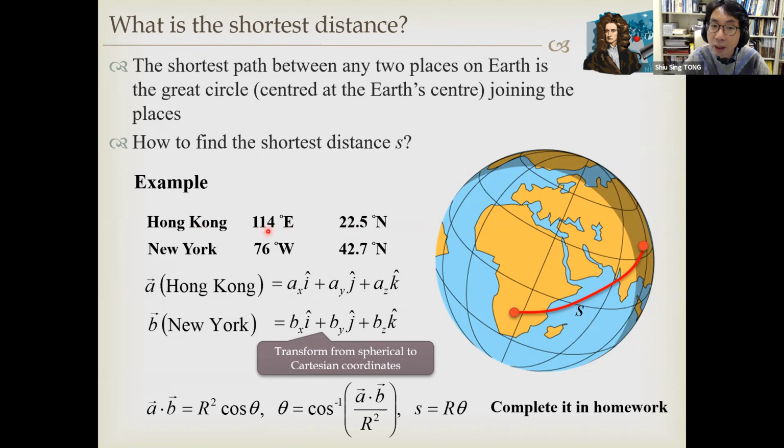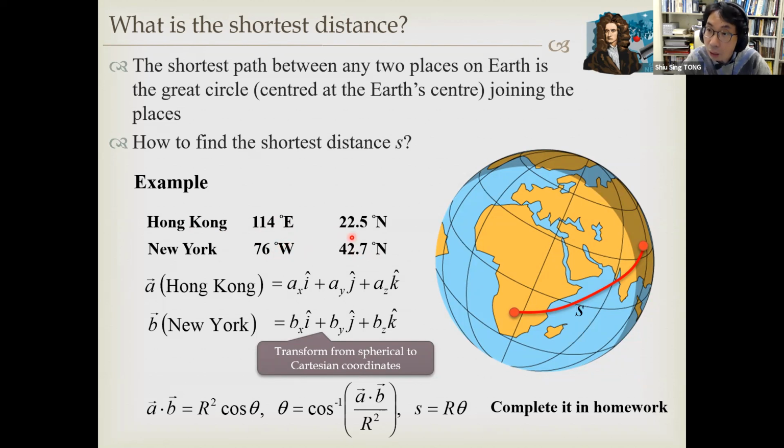The spherical coordinate of Hong Kong is just given by the latitude and longitude, right? For Hong Kong, the latitude is 22.5 degrees north. The longitude is 104 degrees east. And for New York, we have 42.7 degrees north and 76 degrees west for the longitude, right?